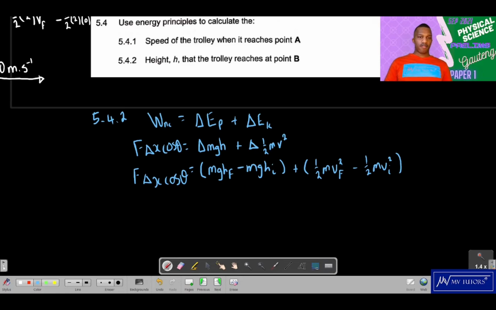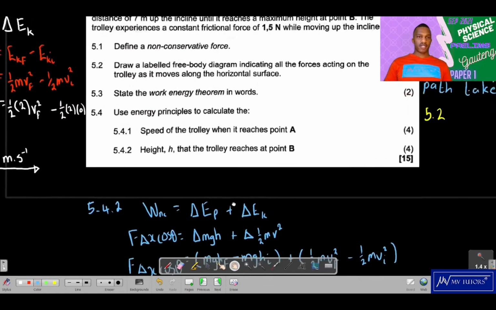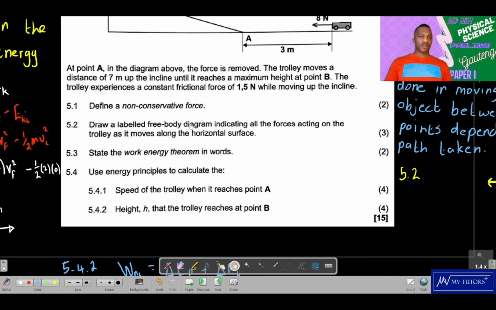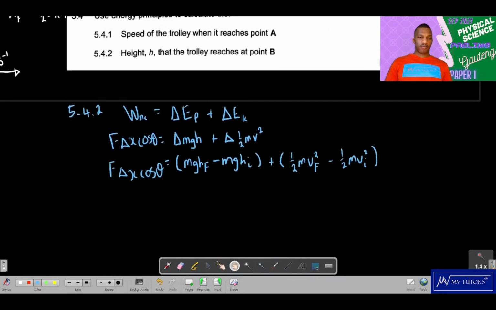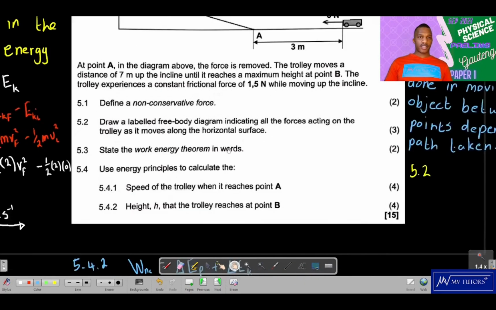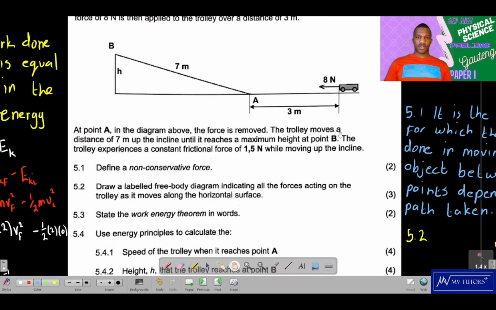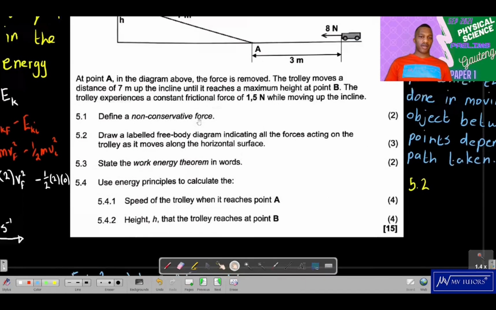What is our force? Well, let's come see if we have it here. Our frictional force we've been given is 1.5, so we're gonna put 1.5 under F. It's gonna be 1.5 times change in distance. Let's go check out what is our distance. Okay, the trolley moves a distance of 7 meters up, so it's also shown in the diagram.